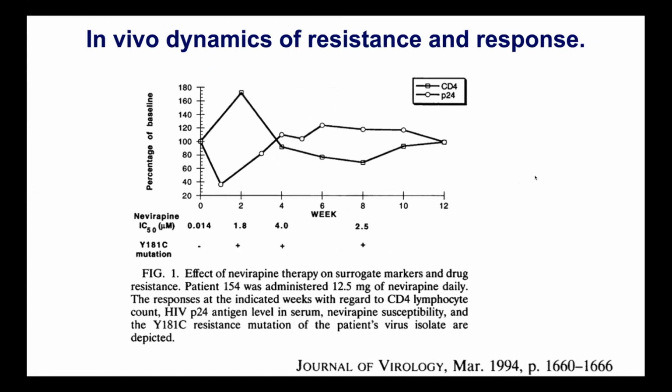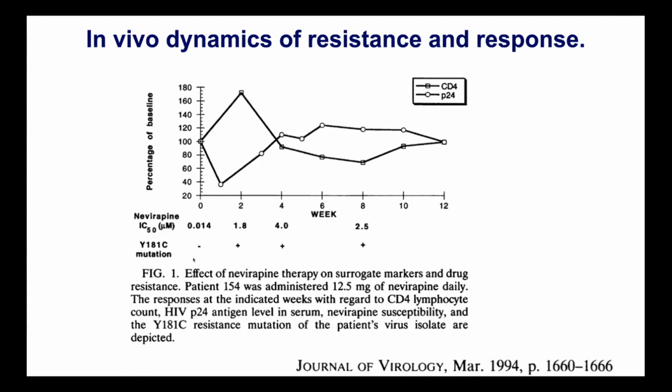So in the phase 1 trials of nevirapine, what we observed was that the viral RNA dropped dramatically. This was actually the first demonstration of the dynamics of reduction of RNA, and within a week, one had a dramatic reduction of virus, and the CD4 went up very dramatically.